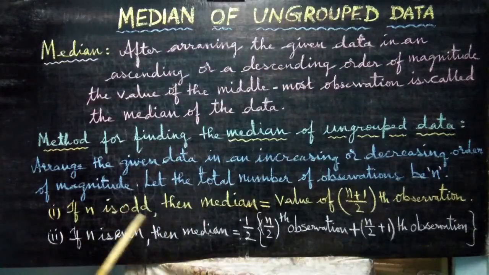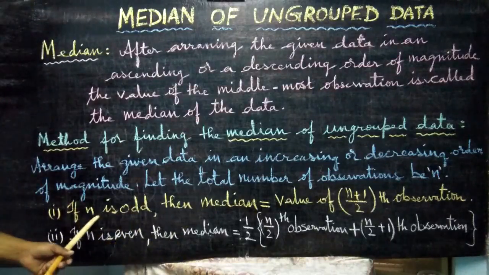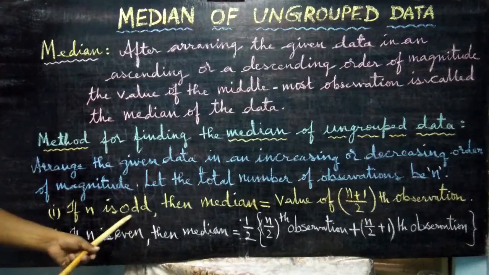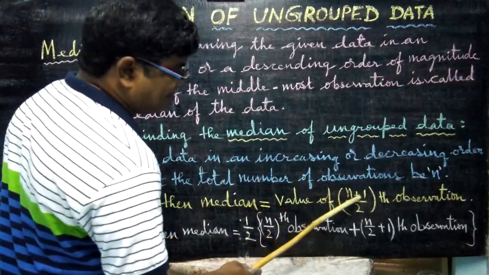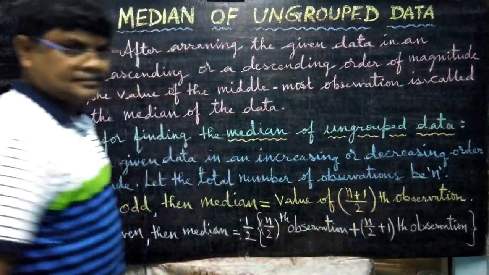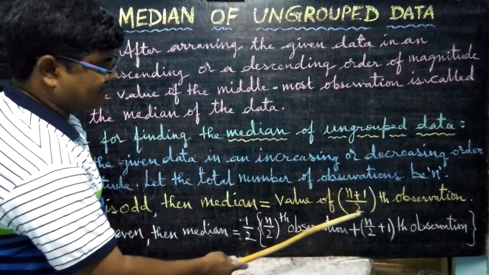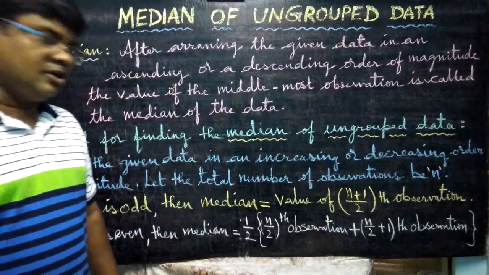Two formulas are there: first, when n is odd, and second, when n is even. When n is odd, the median is the value of the (n plus 1) by 2 th observation. Suppose n is 7: 7 plus 1 by 2, 8 by 2, is 4, the fourth observation. Are you able to follow?